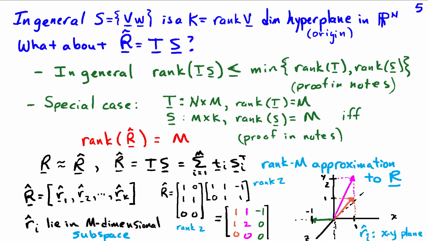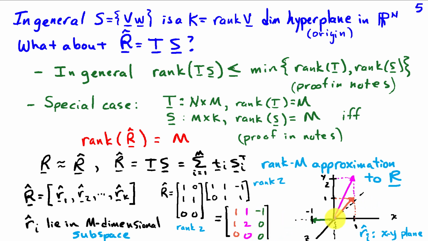So again, we can illustrate this in 3 dimensions. Suppose we take the case where T has a column [1, 1, 0], and then [0, 1, 0], and S has a row [1, 1, -1], and a second row [0, 1, 1]. Well, you can check that both of these matrices are rank 2, both T and S, and if I do the product, my matrix R hat is [1, 1, 0], shown in orange, [1, 2, 0], which is in pink, and [-1, 0, 0], which is in green.